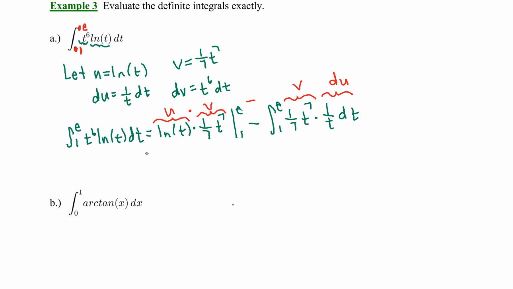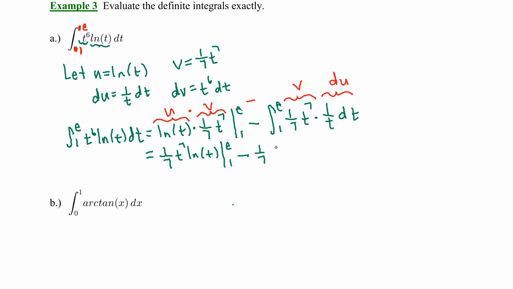Next, let's simplify our integral. And by the way, let's rewrite this a little simpler as well. I'm going to write this as 1/7 t to the 7th natural log of t, and I'm going to postpone its evaluation until I'm finished with this second integral over here.